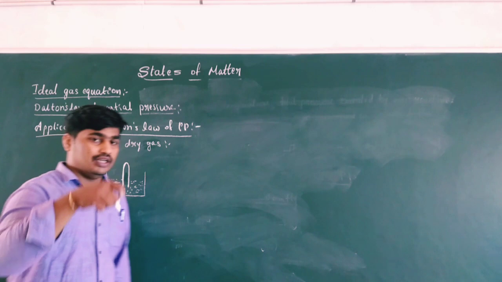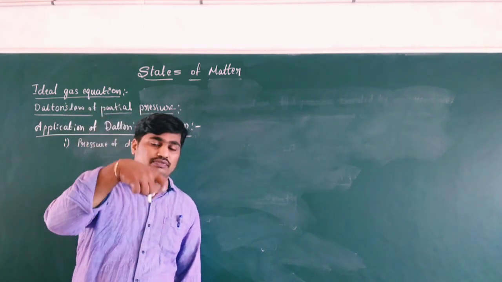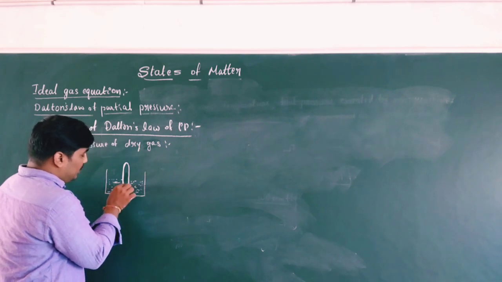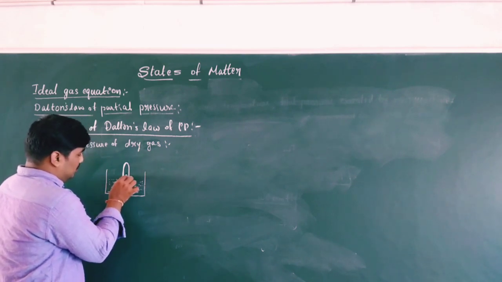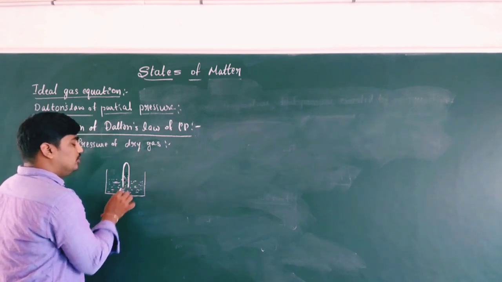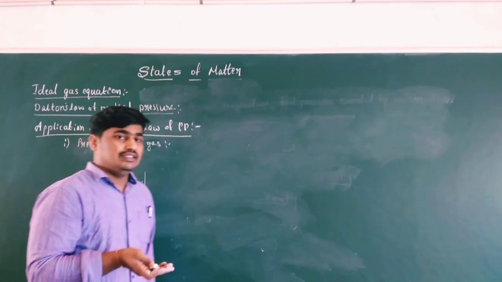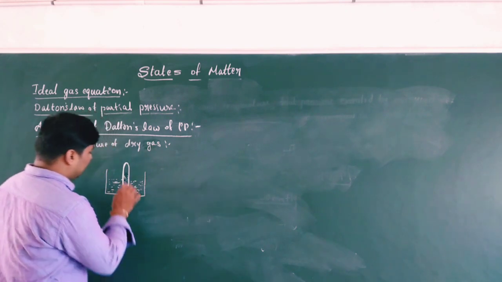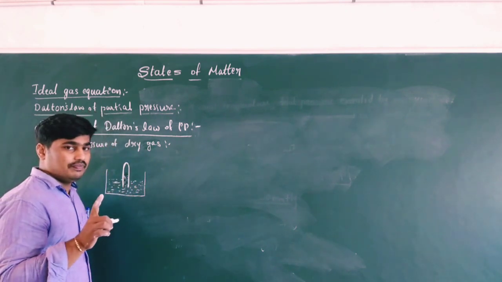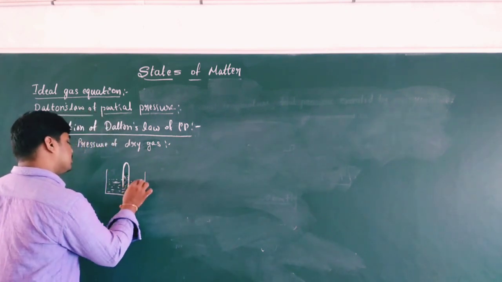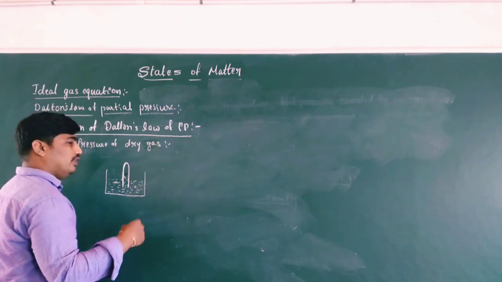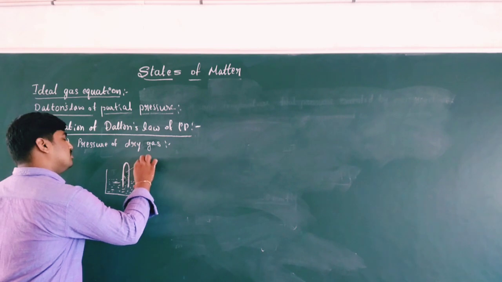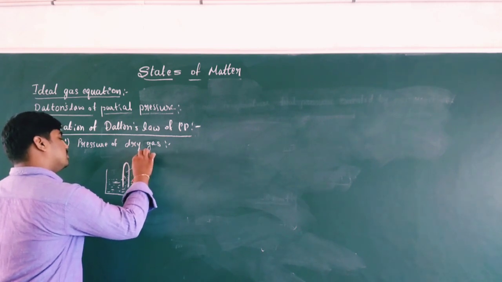Because of inserting the inverted U-shaped tube, the liquid inside the tube rises because of the surface tension of water. The liquid level rises up, and it contains gas, nothing but dry gas.